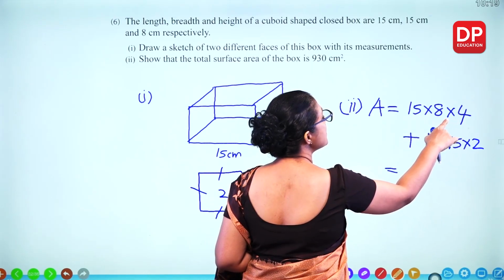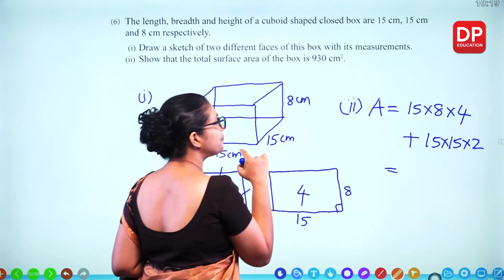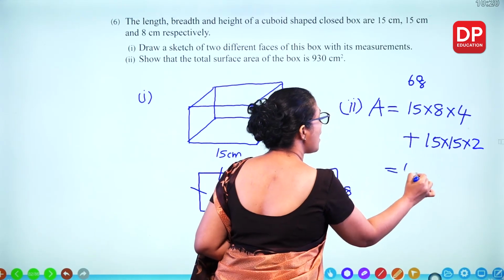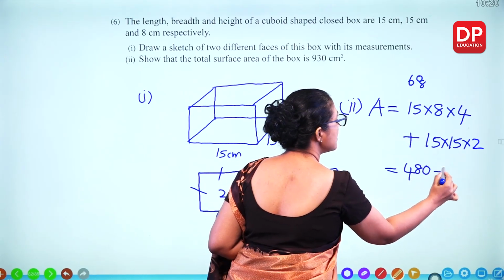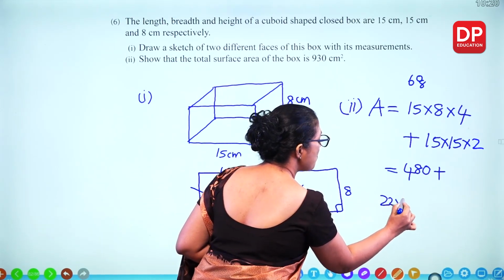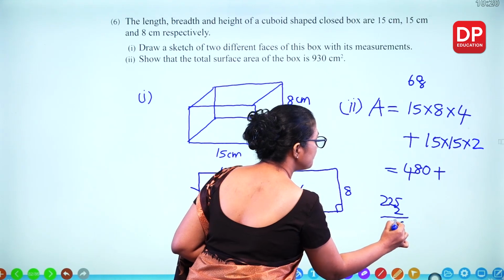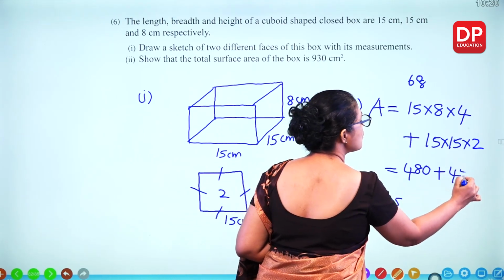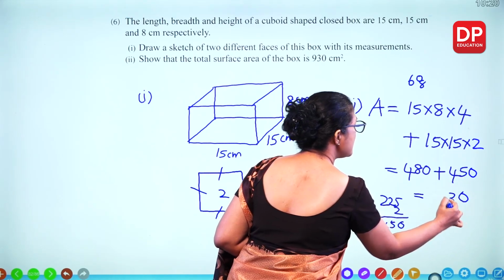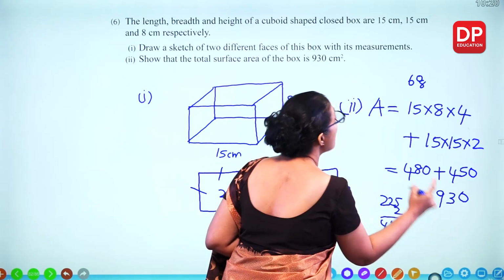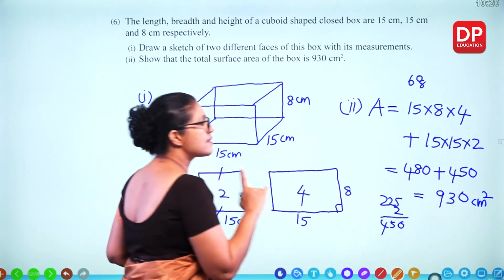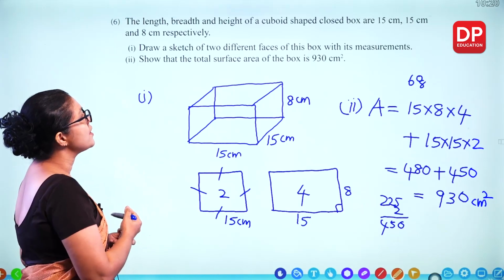So multiply this, 15 times 4, 60. 60 times 8, 480. 15 times 15, 225. Multiplied by 2, 450. So add it together. What's the answer? 930 square centimeters is the total surface area of this cuboid.